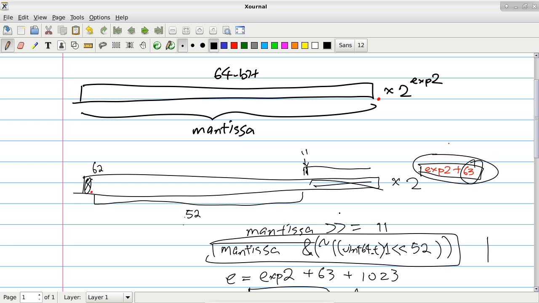So if I want to change the position of the point all the way to here, then the value of the mantissa is going to be divided by 2 to the power of 63. So in order to compensate for that division, I have to add 63 to the original EXP2. Is that connecting?